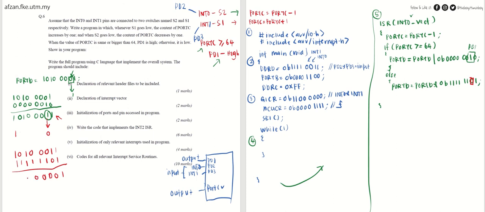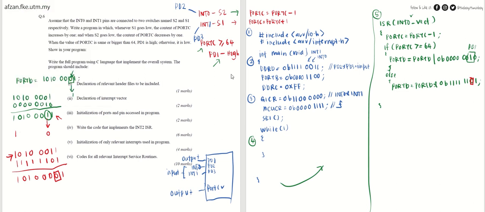You see, only this bit changed. This bit value is changed, the other bits follow the previous value. So that's why I use AND instead of OR.